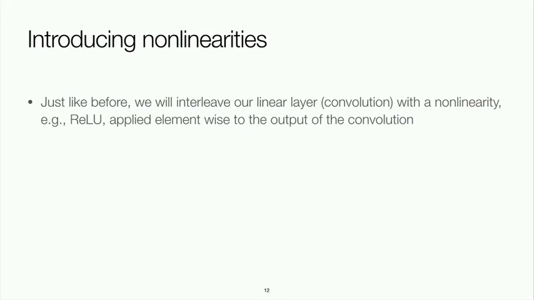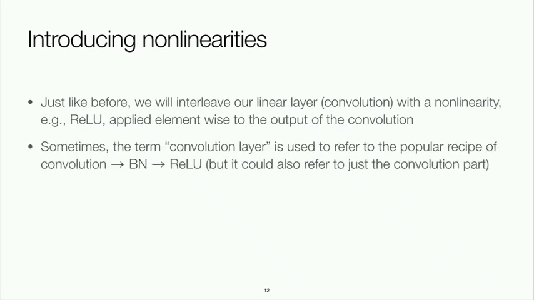So this whole time, hopefully, I've been referring to this input, convolution, output as a convolution operation. That term is used purposefully because oftentimes the term convolution layer is reserved for something else. It's reserved for this fairly popular recipe for building convnets, which is convolution operation, followed by a batch normalization, which you saw last time on Friday, followed by a rectified linear unit.